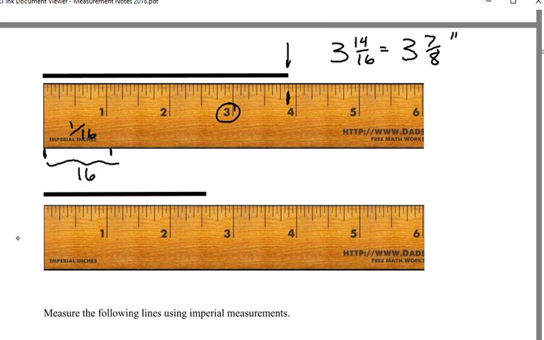This example underneath, 2 wholes, and we're at 2, 4, 6, 8, 9 sixteenths of the way, so 2 9/16, and that won't reduce. So the imperial system, because it's not based on breaking an inch into 10 pieces like it is in metric, well, that's why we write it as a fraction.